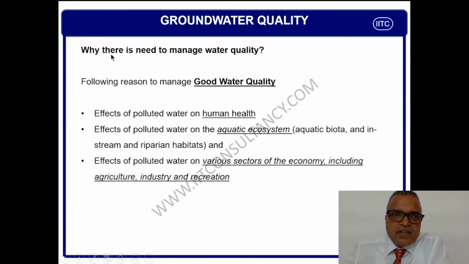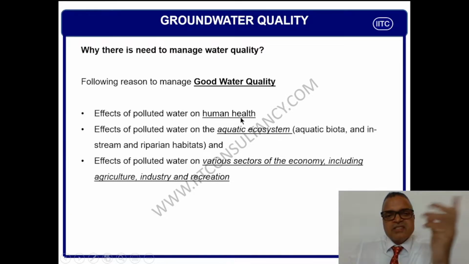Guys, now we will see why there is a need to manage good water quality. We can see that there are the following reasons to manage good water quality. First thing is the effect of polluted water on human health. We have seen that there is diarrhea, vomiting, and other health effects in the previous module, right?